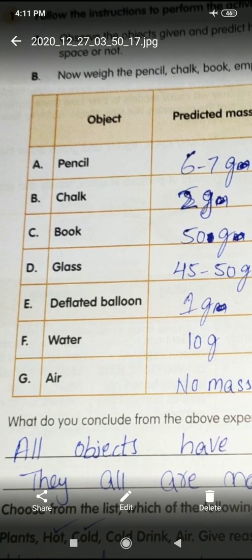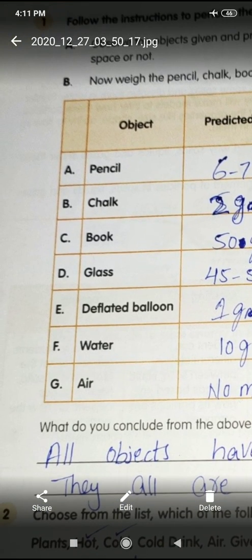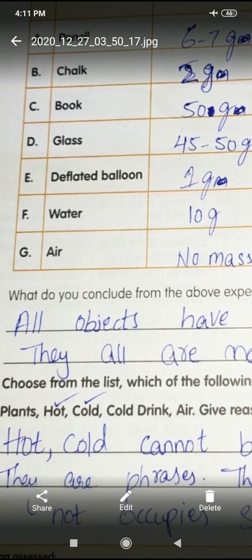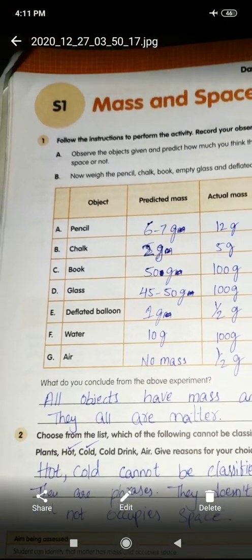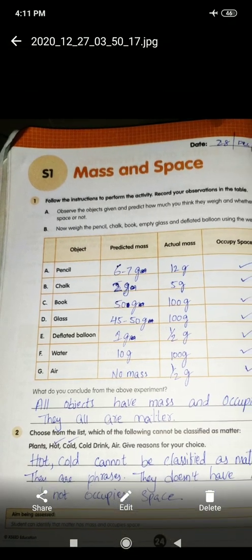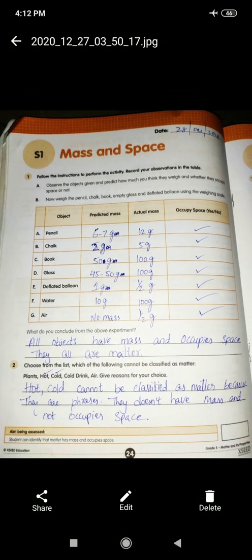How can we weigh water? You can use a glass tumbler, pour the water into that glass and weigh it, right? And how can we weigh the air? You know, using the balloon experiment, right? So you can conclude that all these objects have mass and occupy space. So can we call them matter?